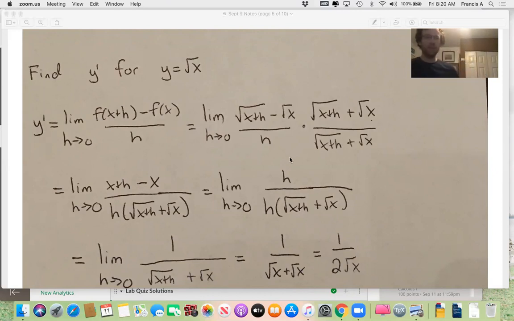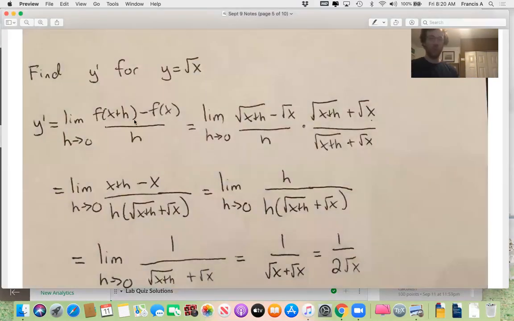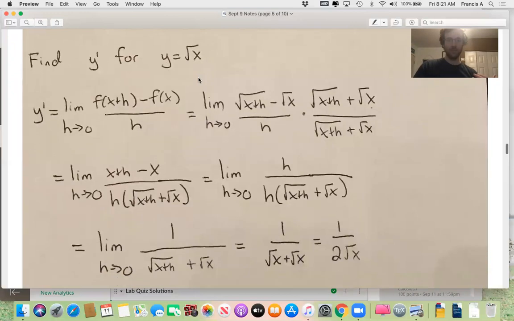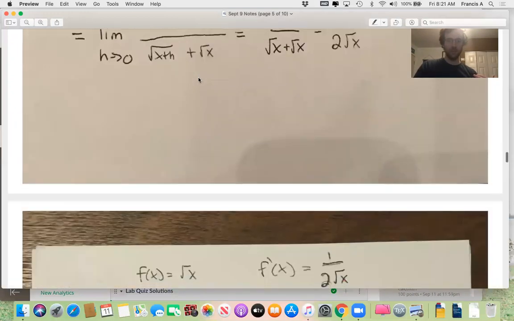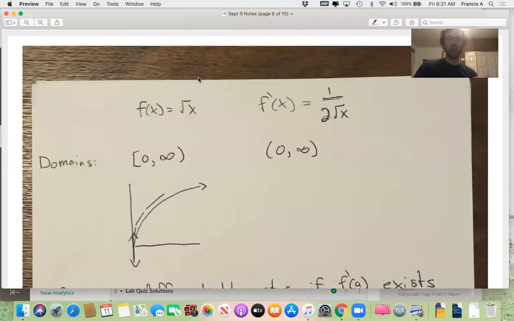One thing here, which is interesting and which didn't happen before, is if we look at the graph of this square root of x and we think about the domain of these.